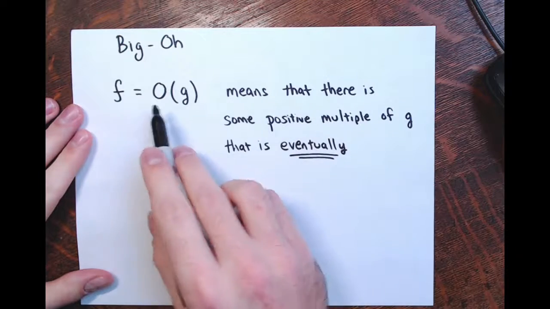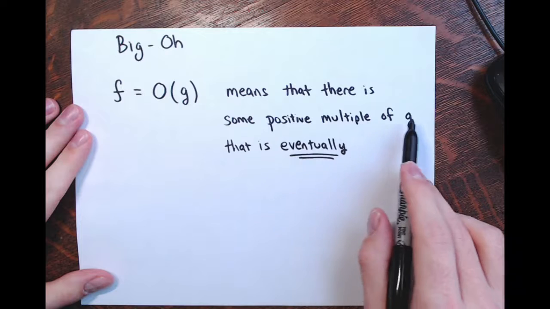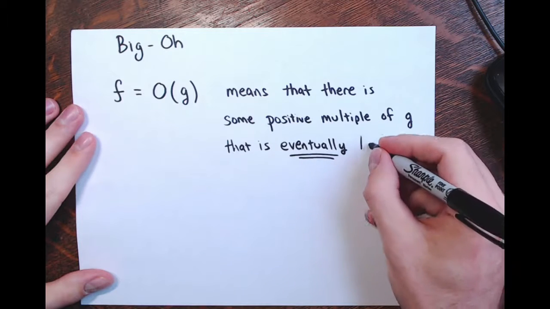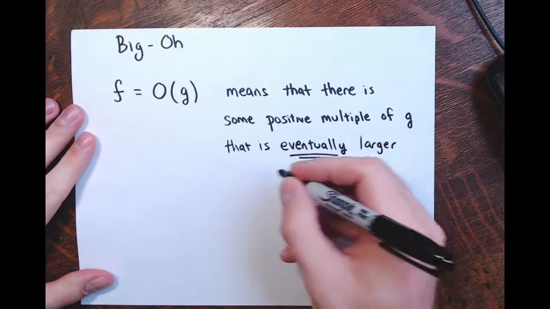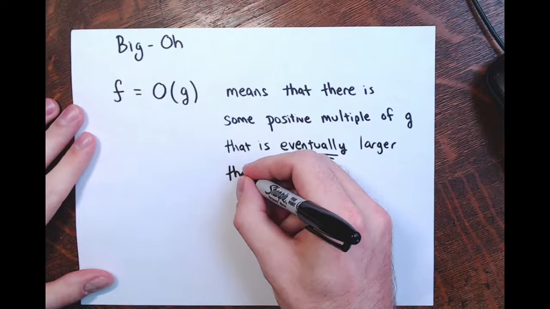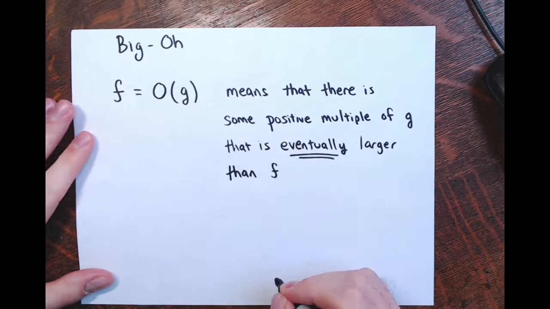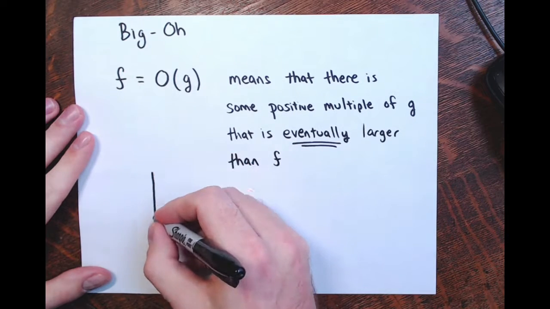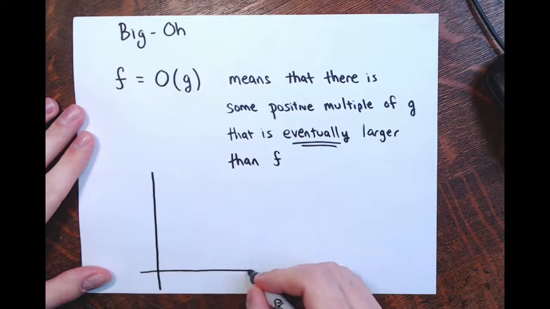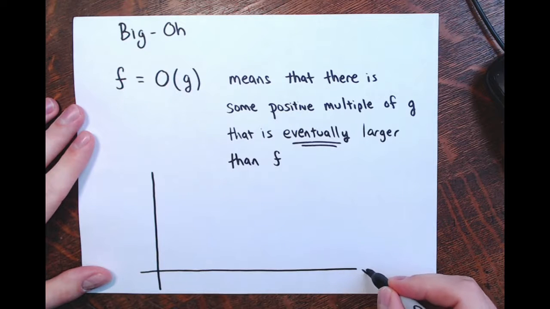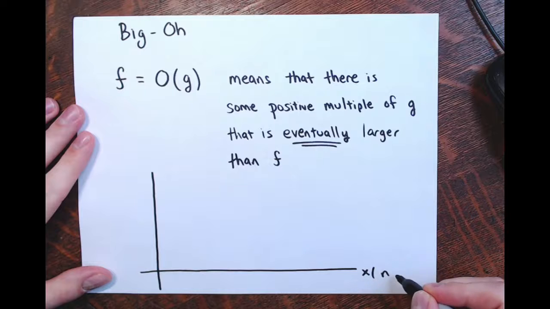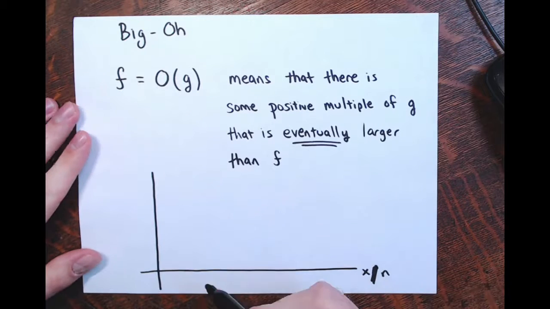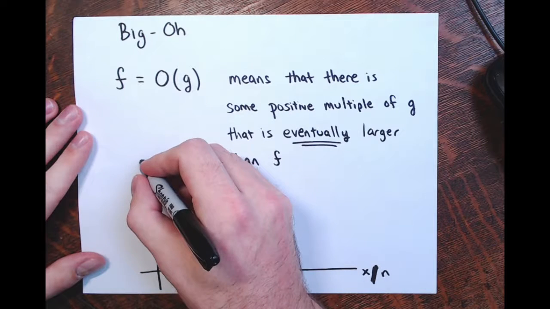So there is some positive multiple of g that is eventually larger than f. Right. So on a graph, x or n, I guess he's using n instead of x for the inputs, and then the output, y or something.